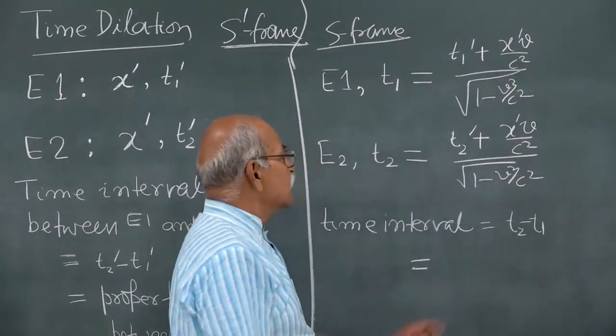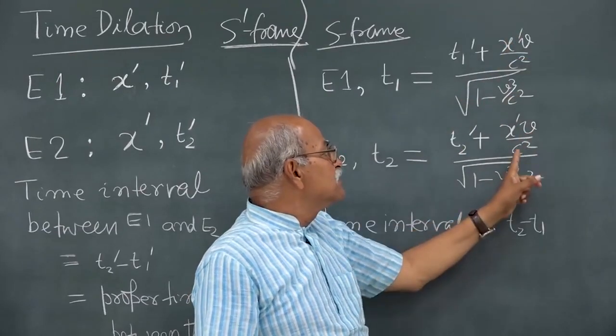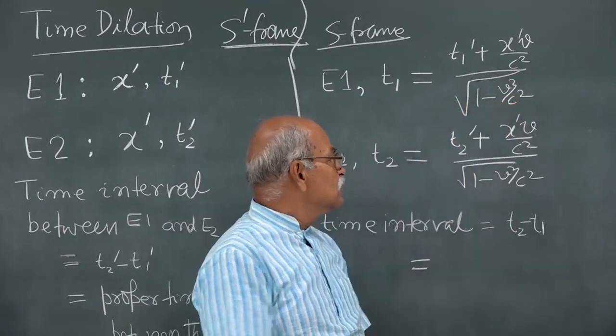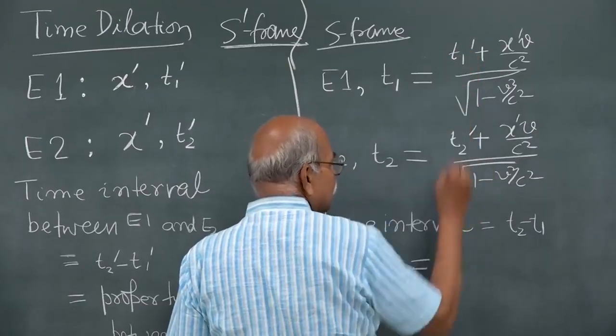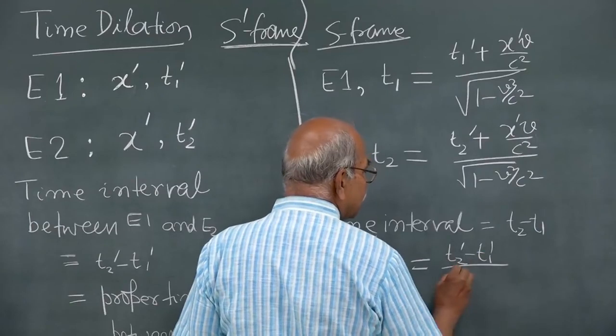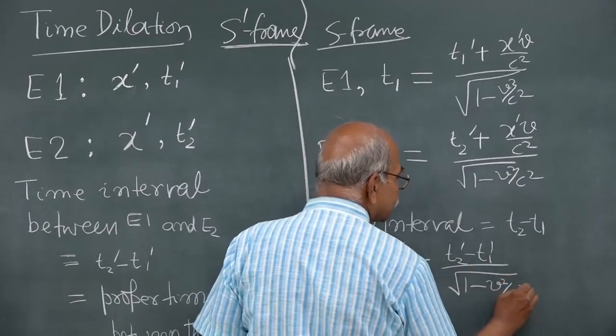The x prime here is the same, the V by C square here is the same, and this factor is always there. So, this will cancel out and it will become T2 prime minus T1 prime divided by square root of 1 minus V square by C square.